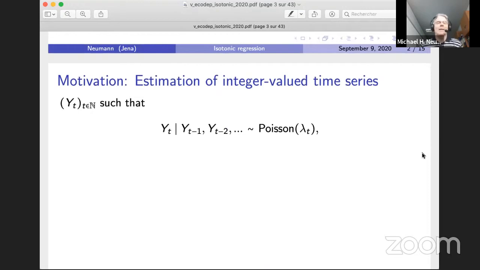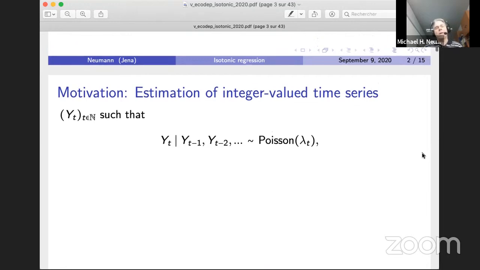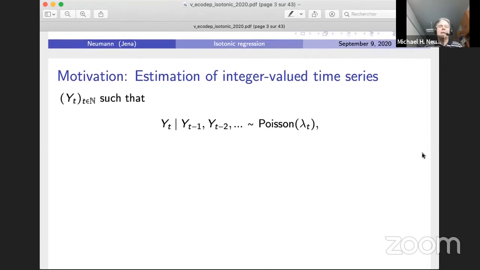So the starting point of our investigation was the following one. We were working already for some time on integer valued time series models, and we were thinking about possibilities to estimate these models. A quite common assumption for such integer valued time series is that the observations Y_t given the past have a Poisson distribution, and the intensity lambda_t is also random.